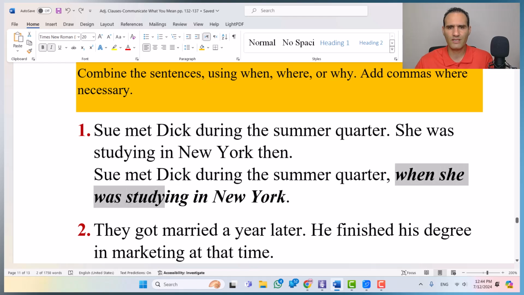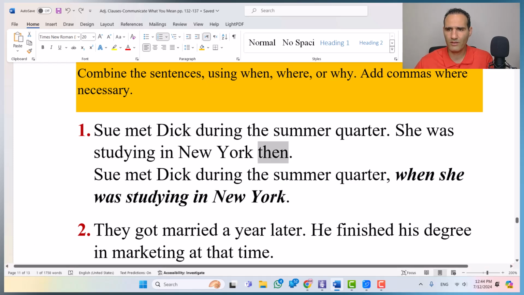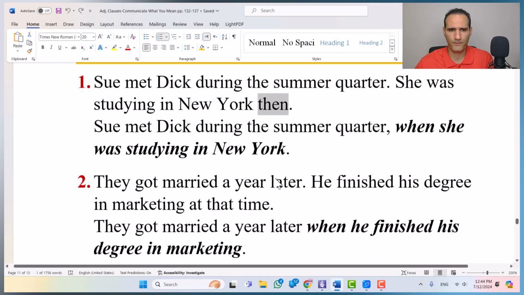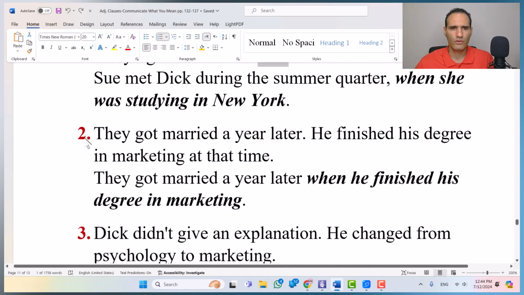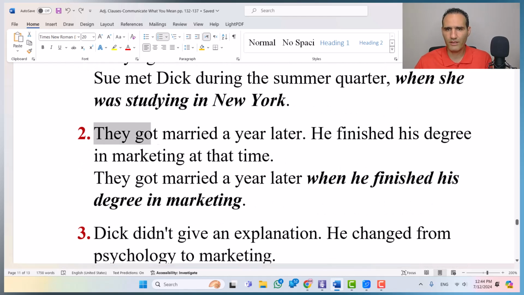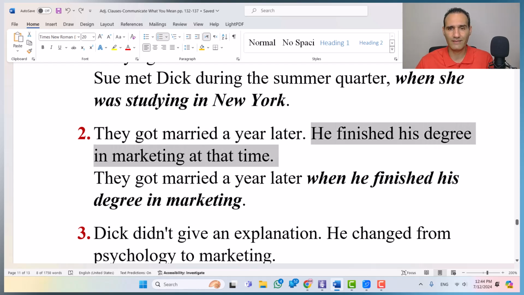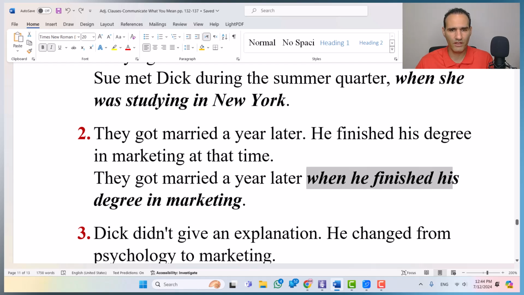When she was studying in New York, and we omit then because when comes substituting for then. Number 2, they got married a year later. He finished his degree in marketing at that time. They got married a year later when he finished his degree in marketing, and at that time is omitted.